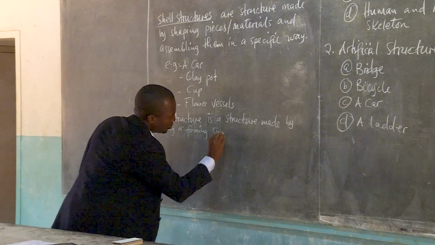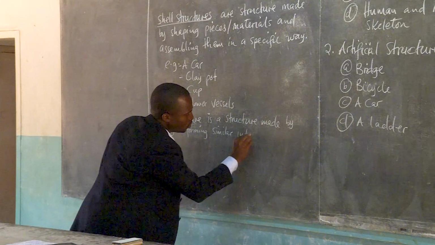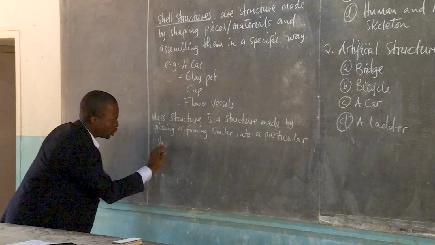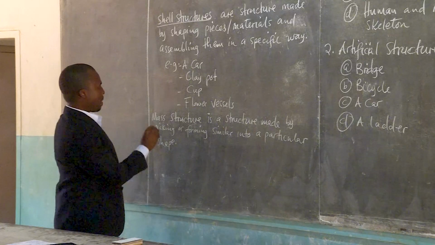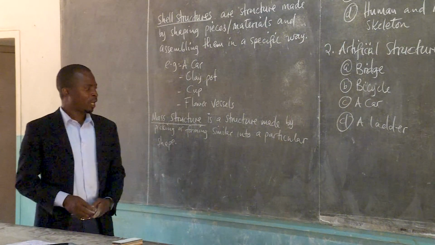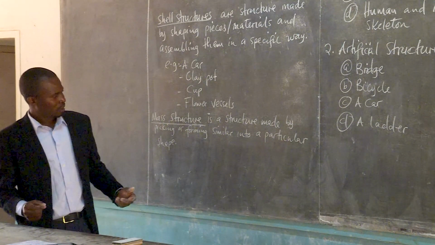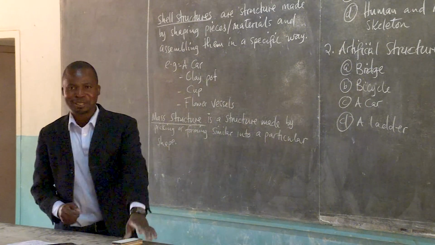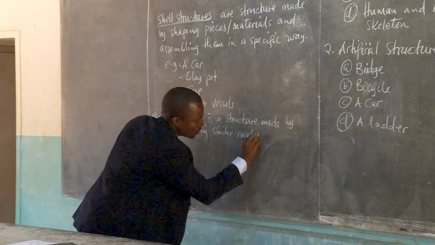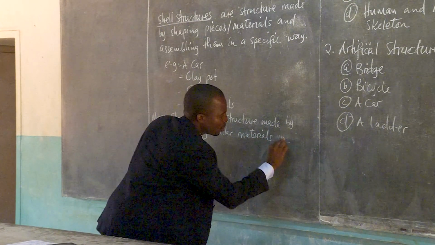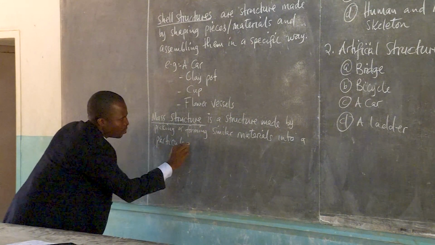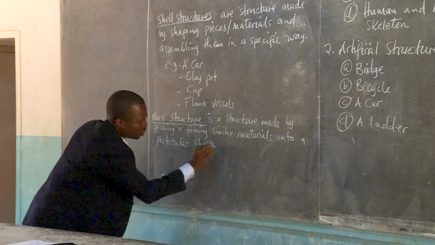Those are mass structures. These are made by picking or forming similar materials into a particular shape.